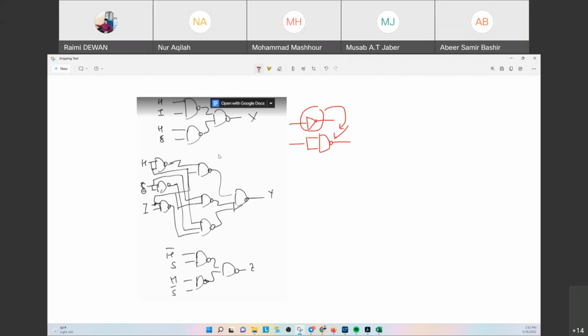Okay, so this is about design. Like I told you, you can use as many logic gates as you want. This question doesn't restrict.